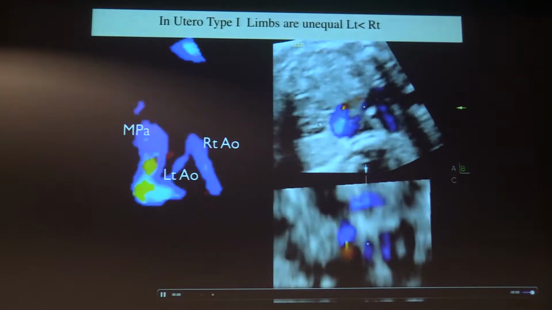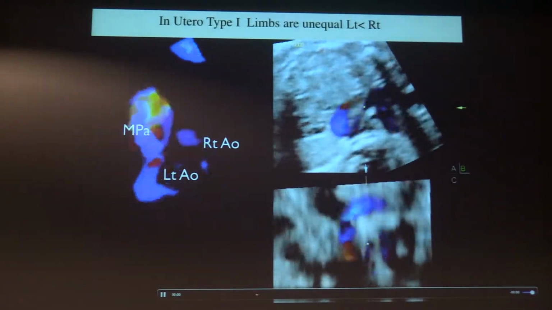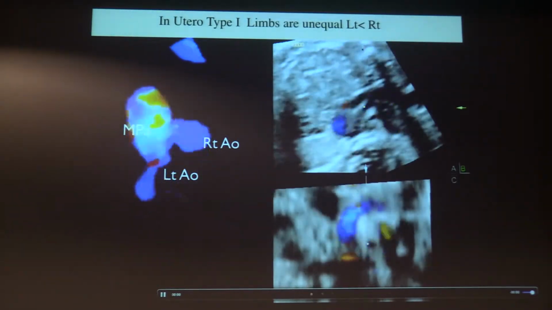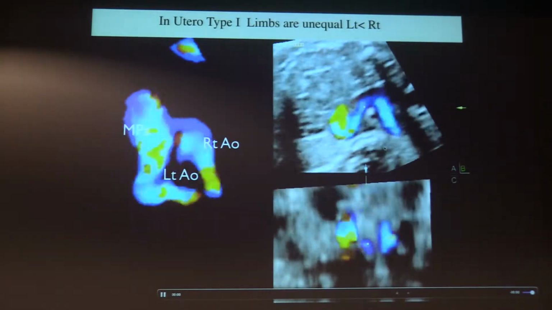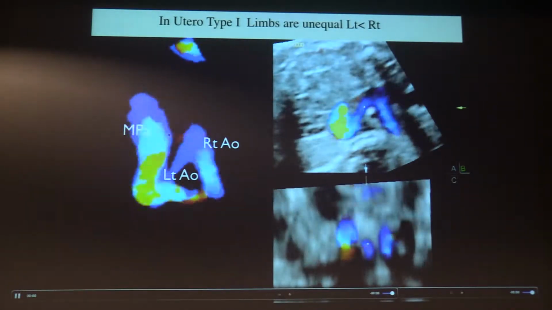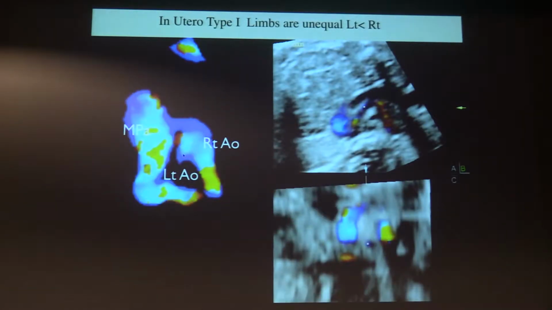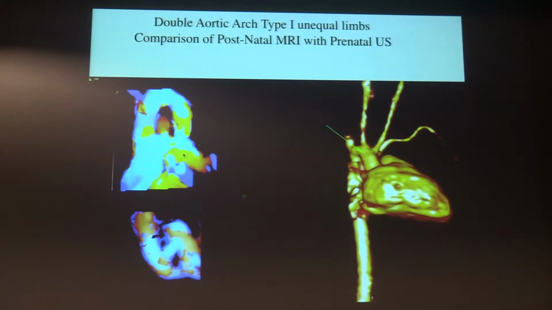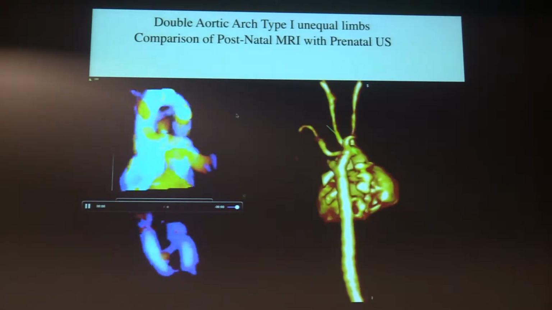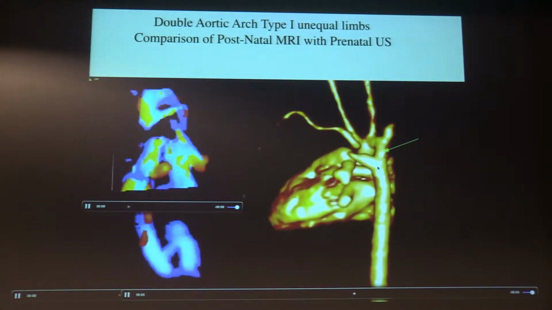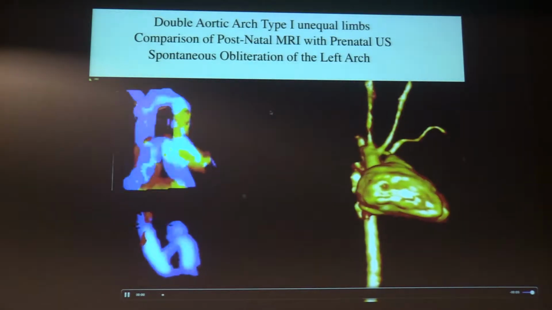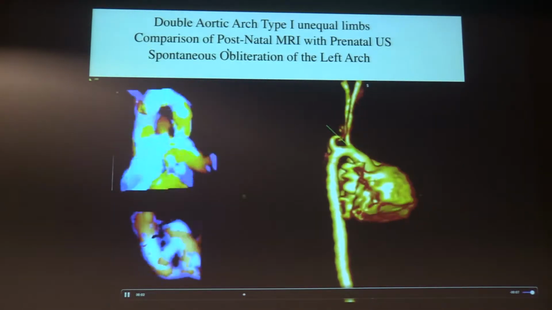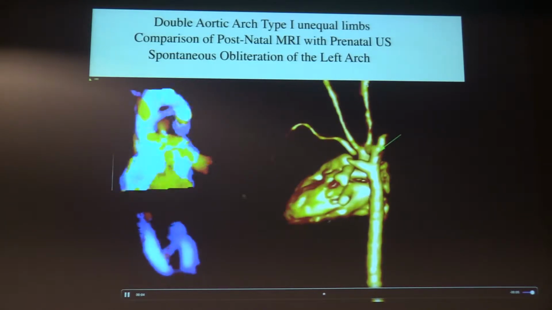And you can see this is the ultrasound. In type 1, the left arch, which is here, is much smaller than the right one. You can see it here. And when we compare it to the postnatal, what happened there is that the left arch was obliterated, a spontaneous obliteration of the left arch.